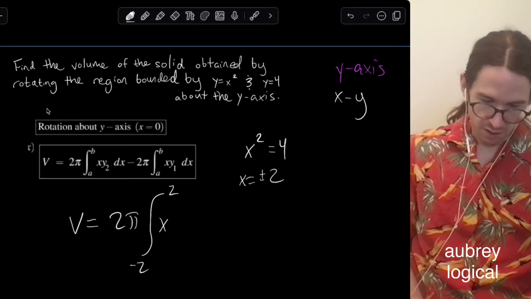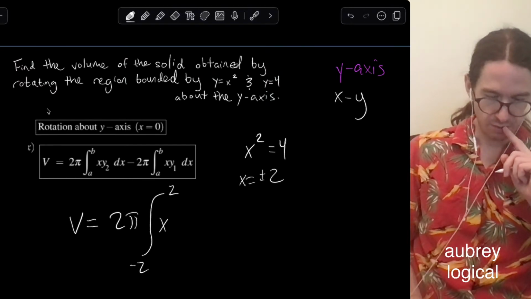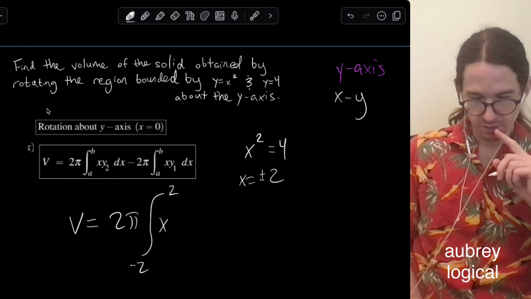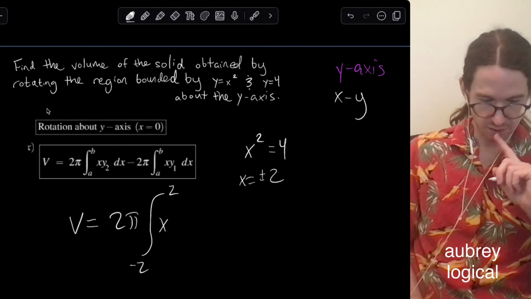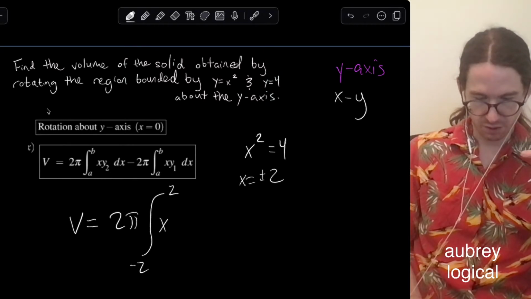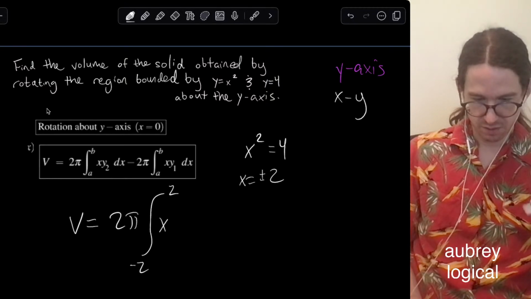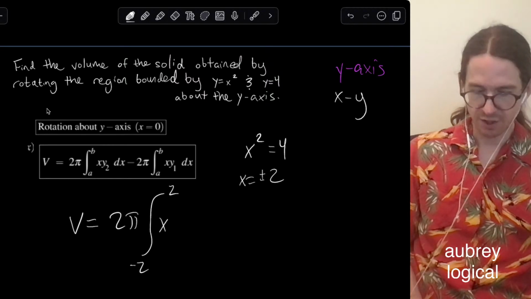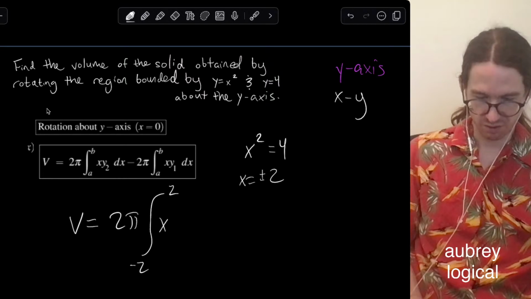Now, I have to figure out which one's higher in this particular interval. So we can plug in 0 for x. When 0 is x, y is also 0. But y is 4. So I think y equals 4 would be the upper, but that's not an equation.